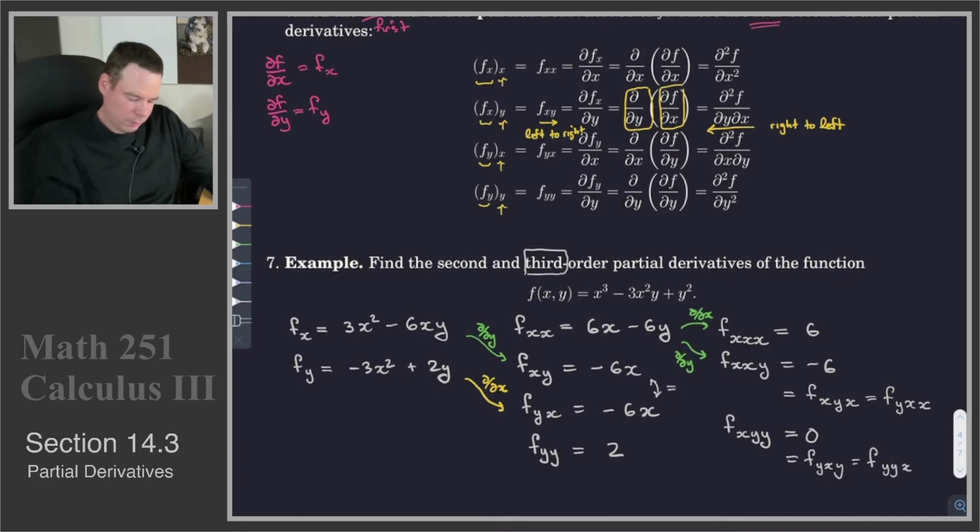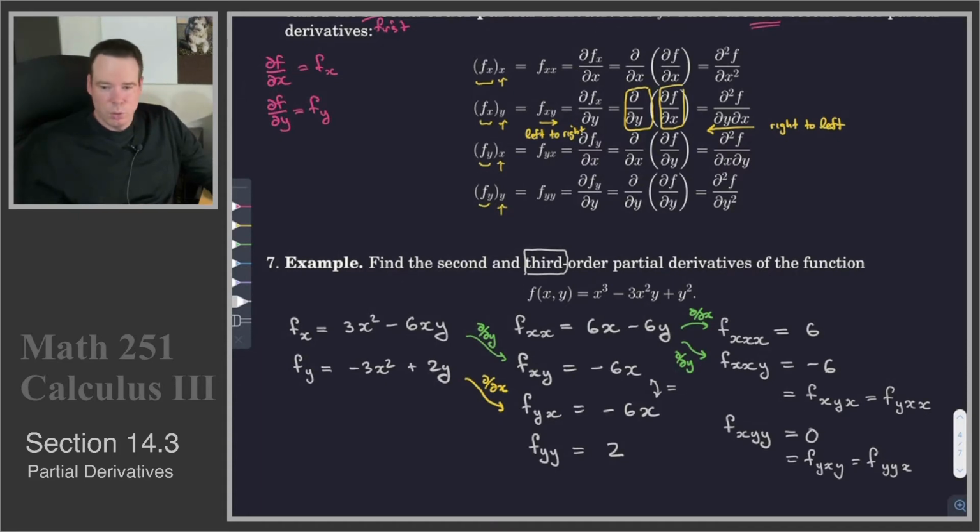We can check. f_yxy, so there's f_yx, and then we differentiate with respect to y. That's 0. How about f_yy with respect to x? f_yy is 2, the derivative with respect to x is 0. So those are 3 more derivatives that are all the same, they're all equal to 0.